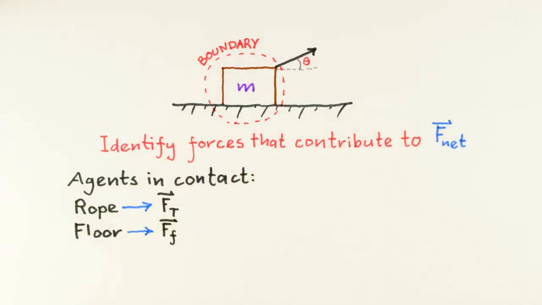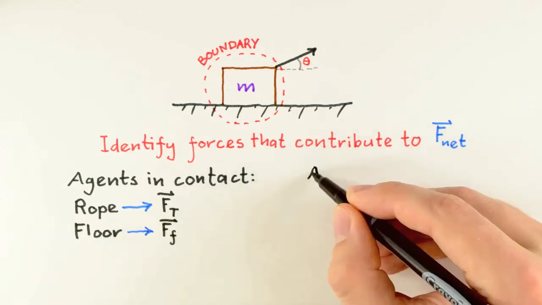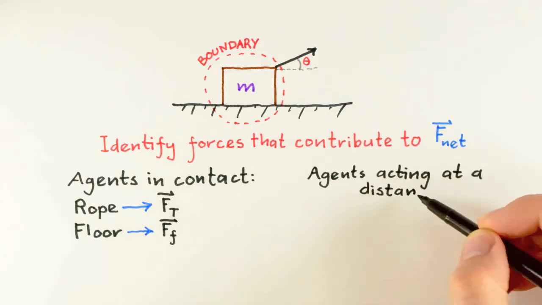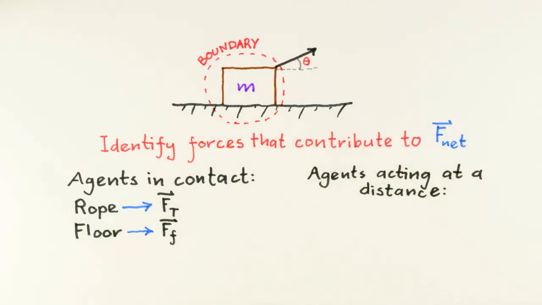With the rope, we can identify a tension force we'll label as F sub t, and with the floor, we can identify a surface contact force we'll call F sub f. We now look for agents in the surroundings that can exert forces at a distance. In this case, we have one such agent, the Earth, which exerts a weight force. That's it.